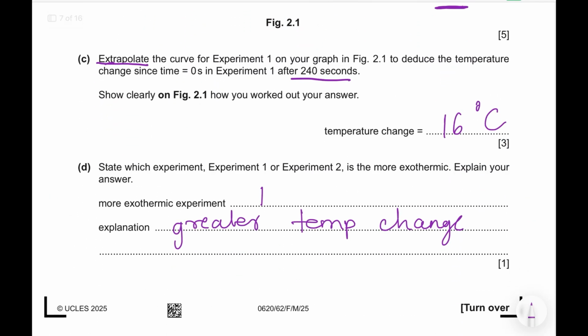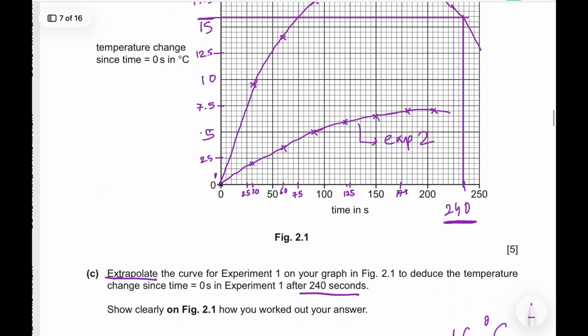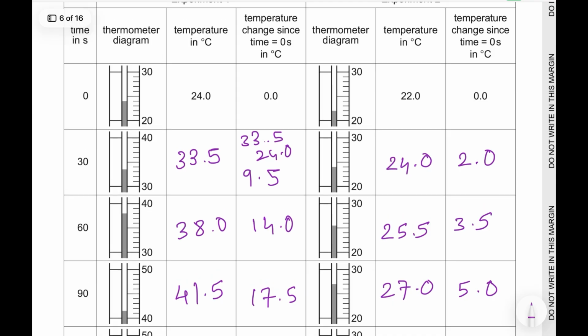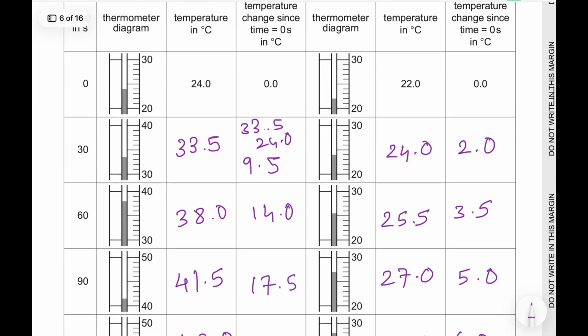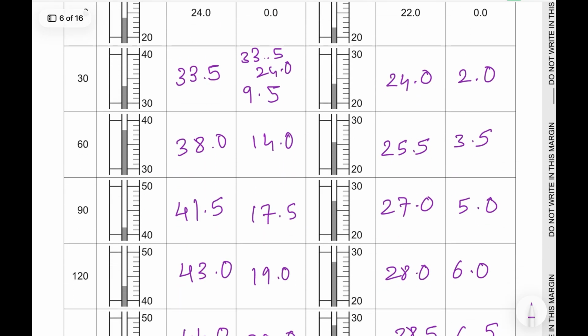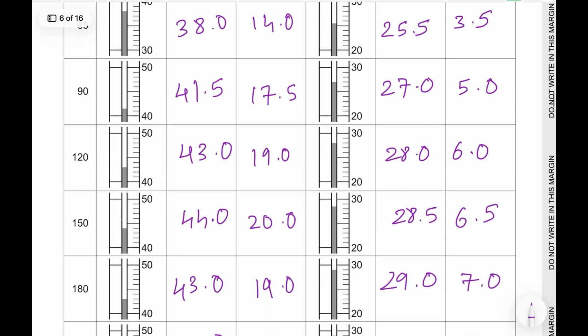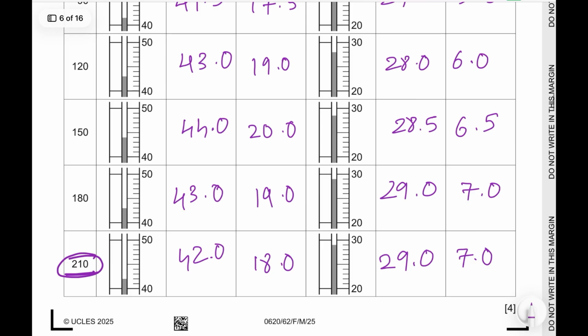Next, state which experiment, experiment 1 or experiment 2, is more exothermic. Explain your answer. So for that we will have to again go for the values. For experiment 1, the values that we get are 9.5, 14.0, 17.5, 19, 20, like that.